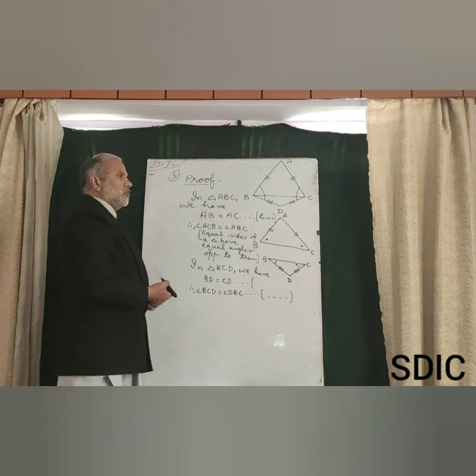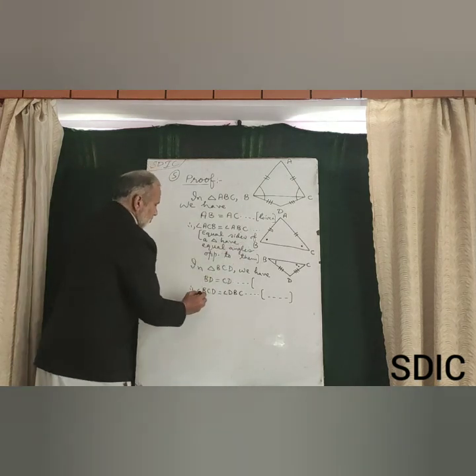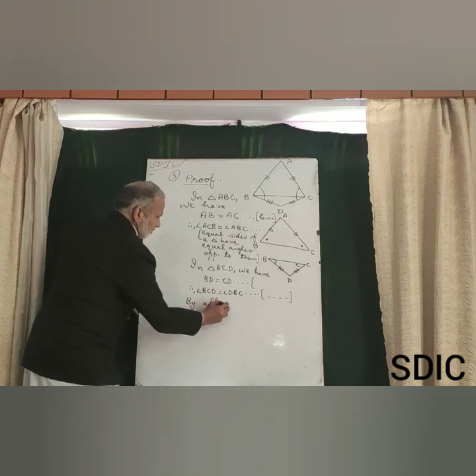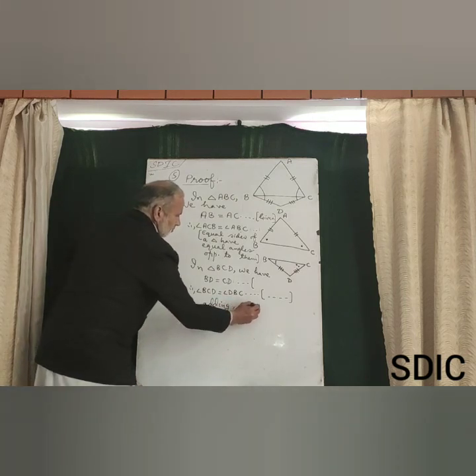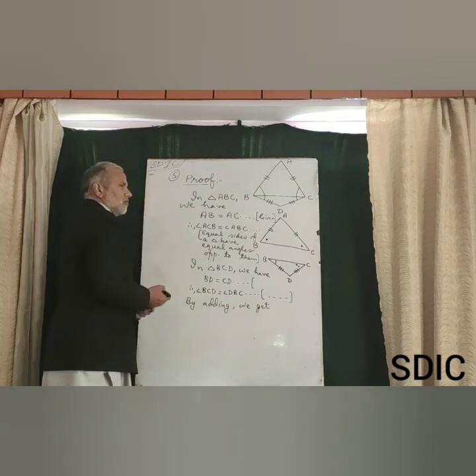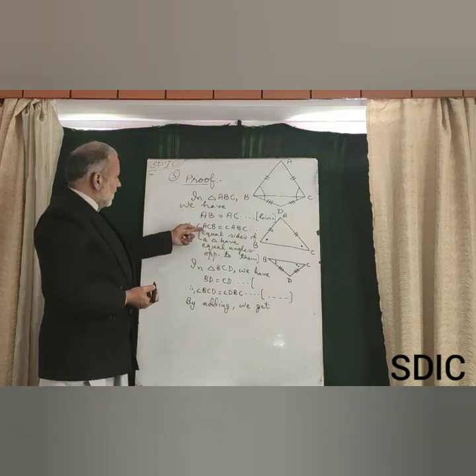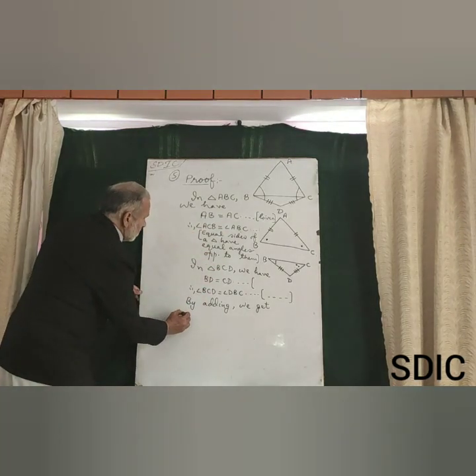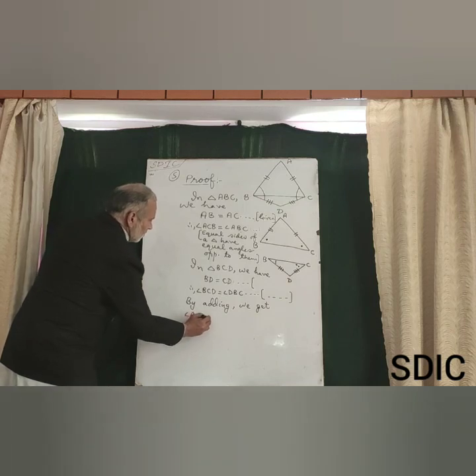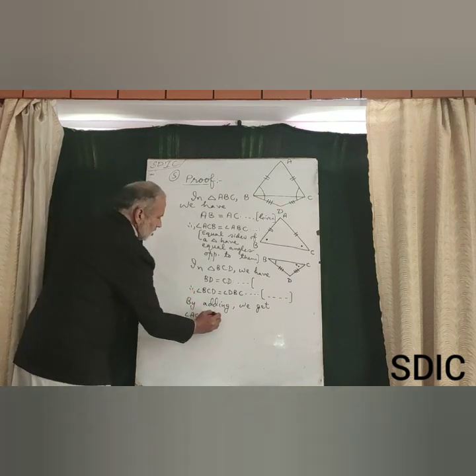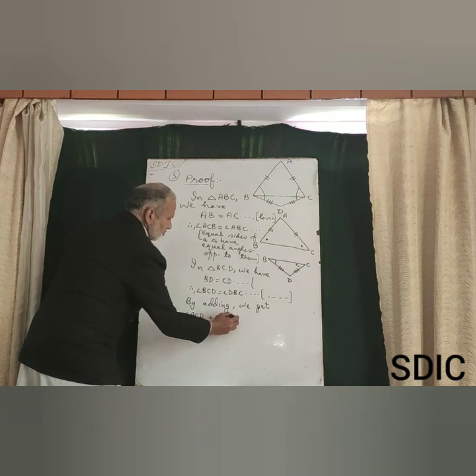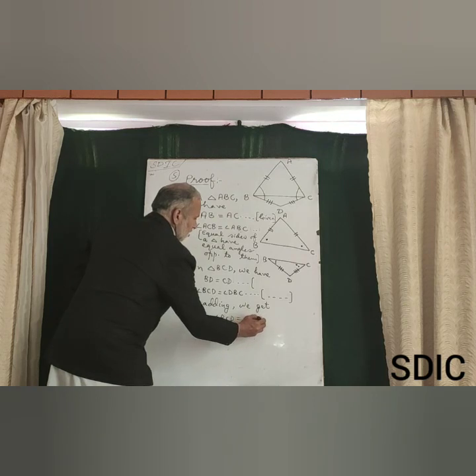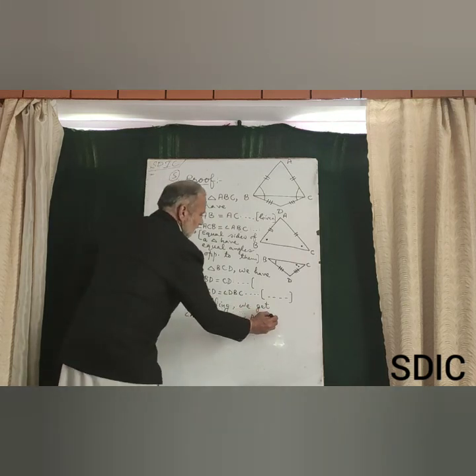And then adding the two results. By adding, we get, well, as you add, you will add LHS to LHS, RHS to RHS. Left hand sides are angle ACB, this will add to angle BCD. LHS of the second result is equal to angle ABC, RHS of the first result, plus angle DBC.